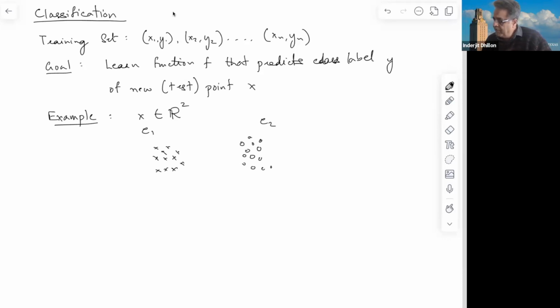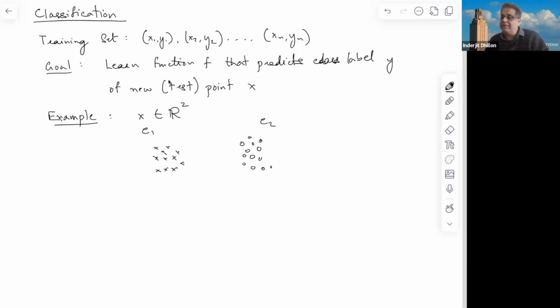So, just having drawn this simple figure, what would be a good way to distinguish between these two classes? Any thoughts? So remember, I basically just want a rule or a decision surface saying, how would I recognize the two classes?